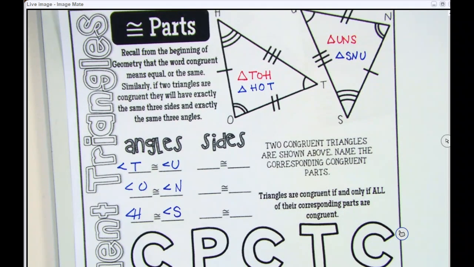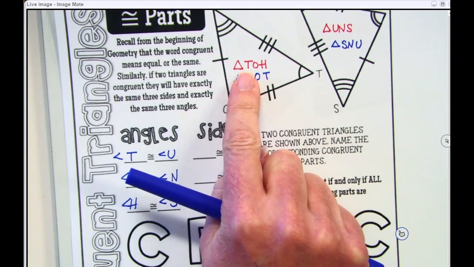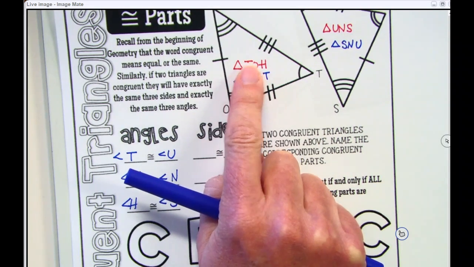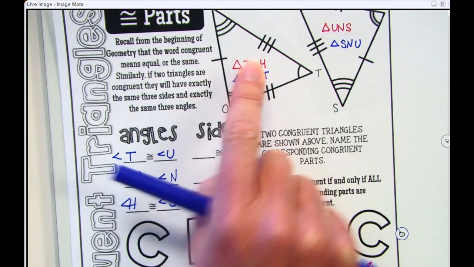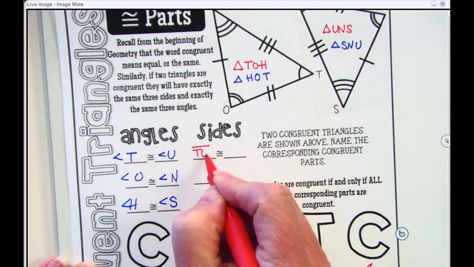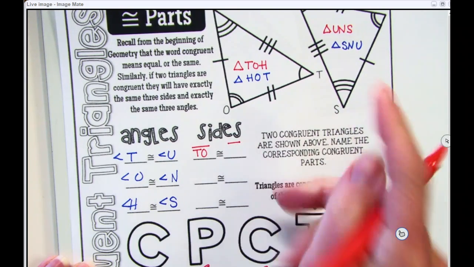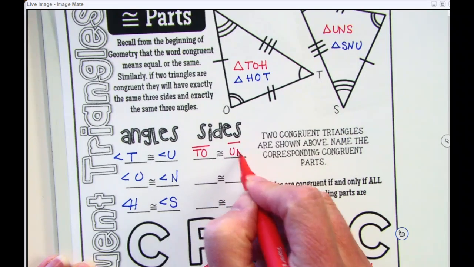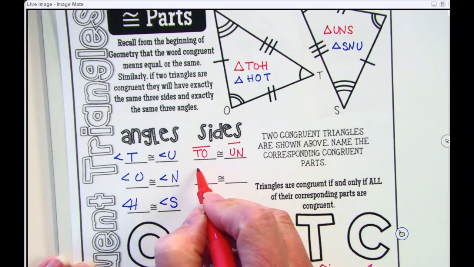And then I can also look and I can see the sides. From angle to angle gives me a side, right? So from angle T to angle O, I would have a side. So if I'm putting side TO together, it would have to go with side UN. All right, let's do the next one.